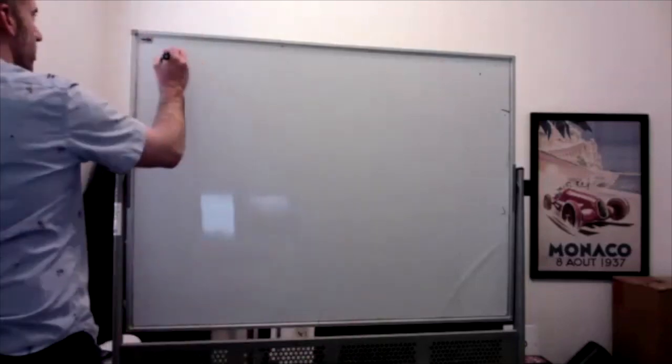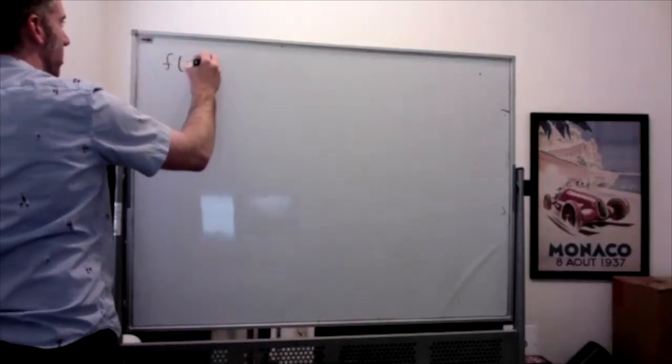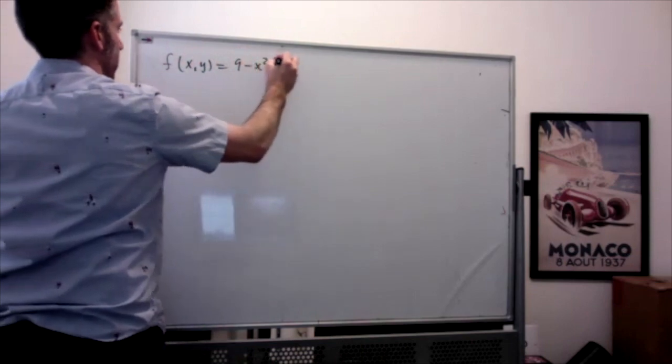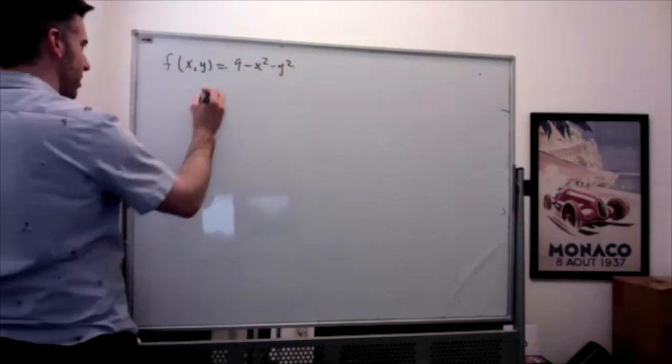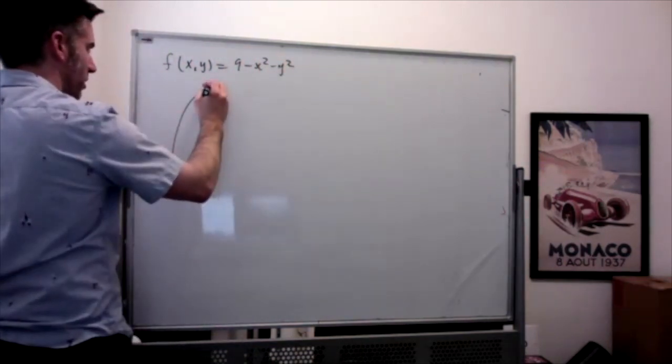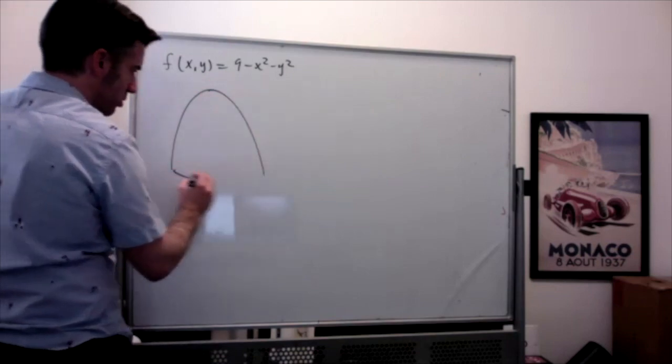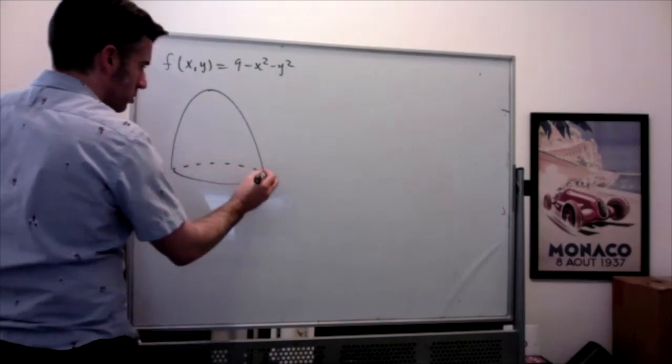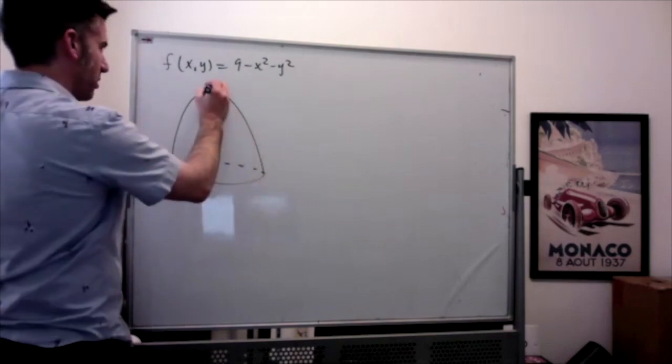So here's the idea. Our mountain, f of x comma y equals 9 minus x squared minus y squared, and it looks vaguely like this. All right, that's a mountain. And yeah, we can draw the coordinate system.